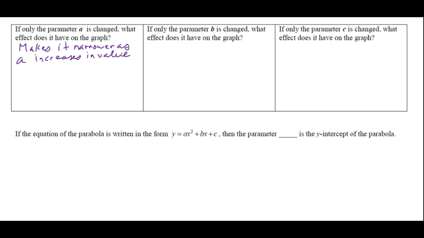What else does a do? Flips it, right? So reflects it. So if a is positive, it opens up. If a is negative, it opens down. So if a is greater than 0, it opens up.